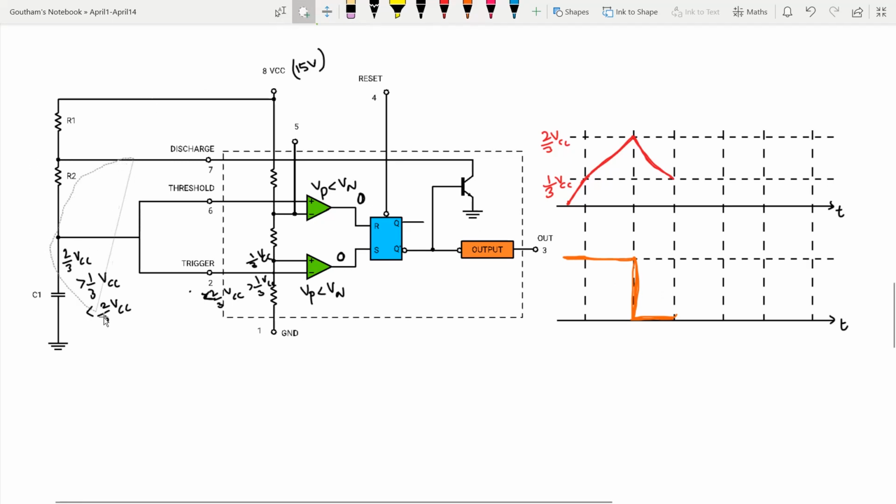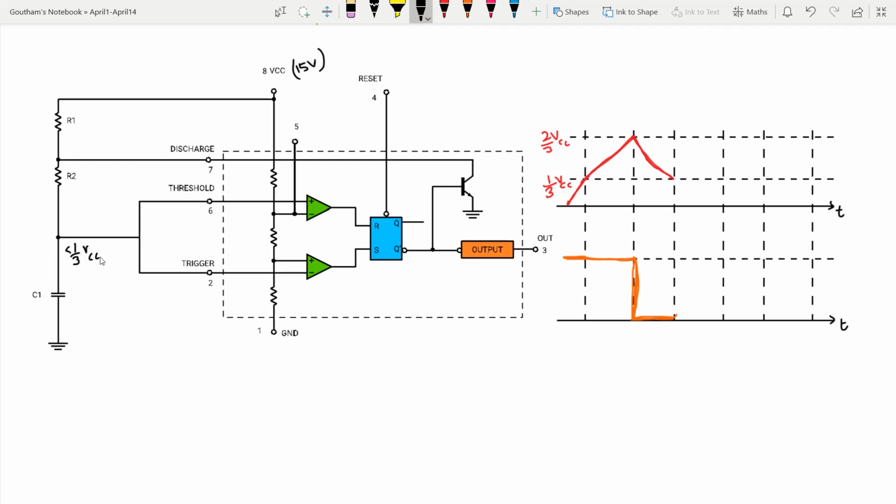Now what happens when your capacitor discharges to 1/3 VCC? When it discharges to a value a bit less than 1/3 VCC, over here Vp becomes greater than Vn, so the output of the trigger comparator becomes 1.